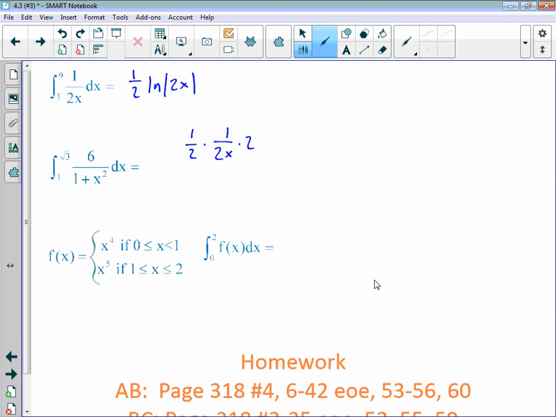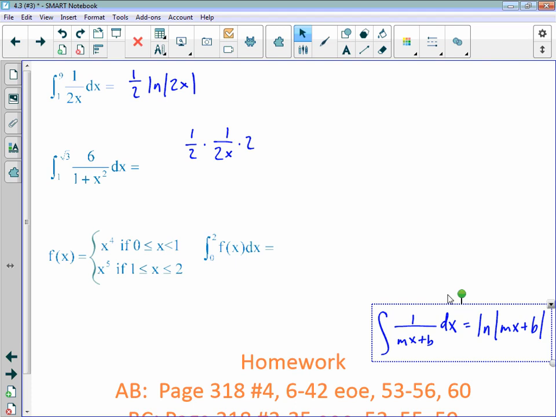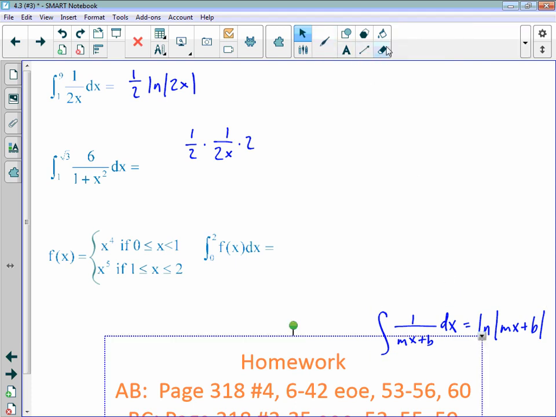So let's just write that here again. If we've got 1 over, I'm just going to write it as mx plus b, so 1 over a line. Then the integral of that is natural log of the absolute value of mx plus b, and then what goes out front? I didn't really leave myself enough room. 1 over what? Yep.